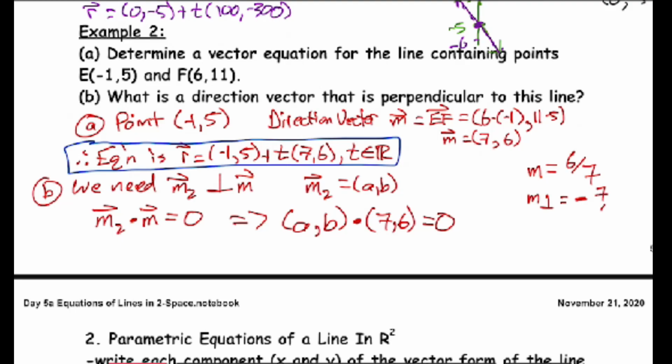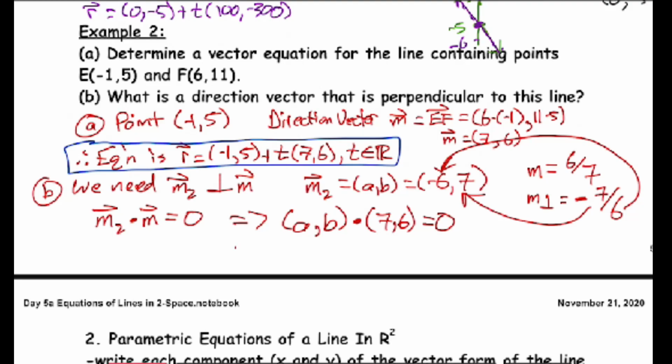Instead of 6 over 7, it's 7 over 6. What does that tell us? It gives us possible values for our a and b here. So a can be -6, and b can be 7. I'm just taking these numbers and plugging them in here. So let's try this. a is -6, dot (7, 6).